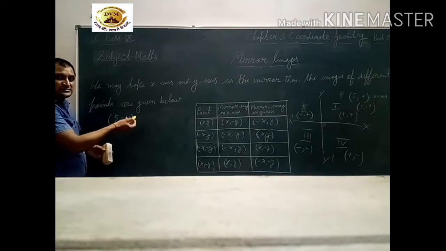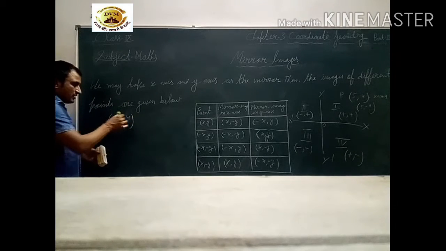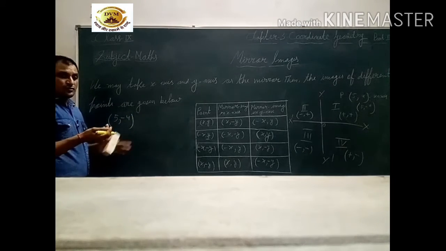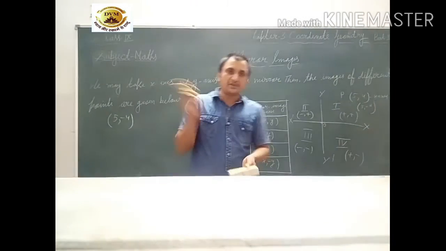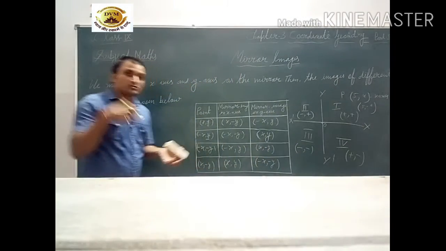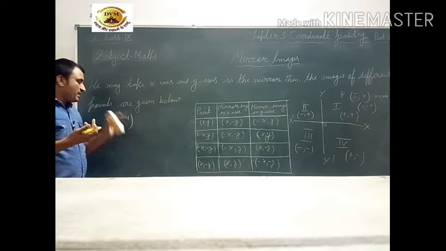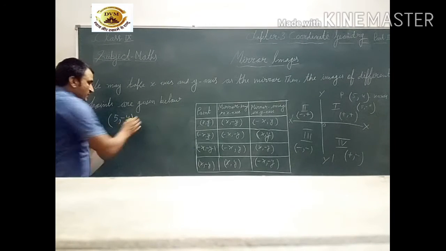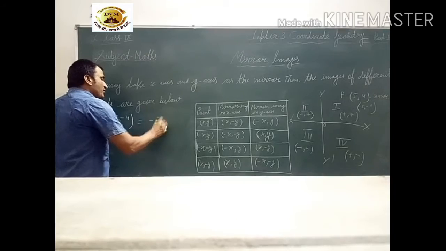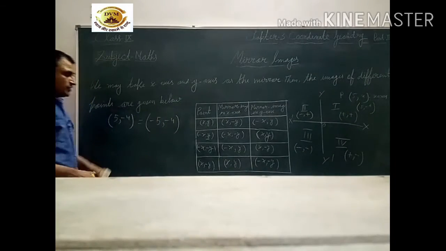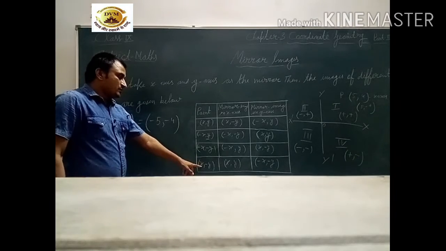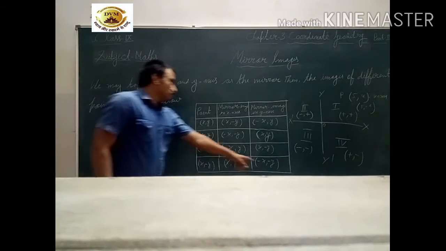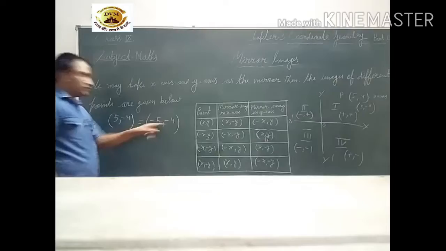I have told you, when we see the mirror image in y axis of any point, we have to change the sign of the x coordinate. So it will be minus 5 comma minus 4. You can see in the table also, 5 comma minus 4. Both should be negative.